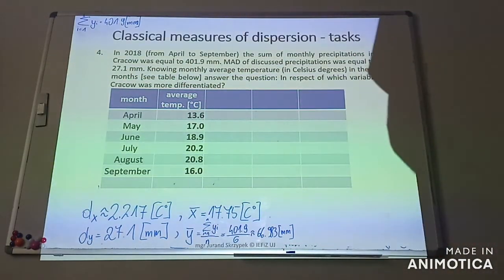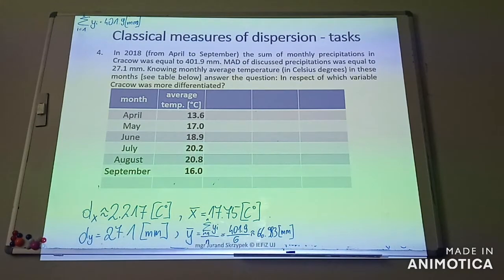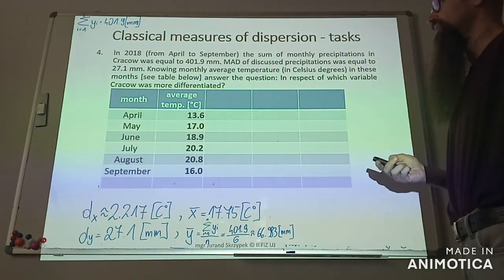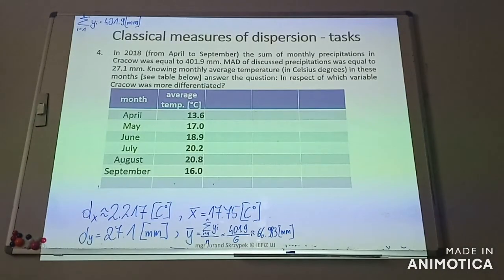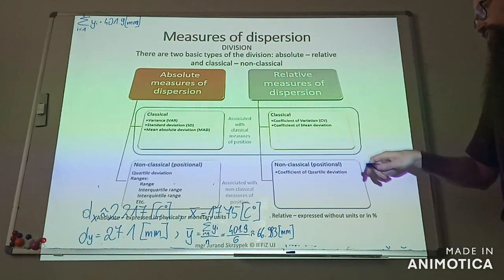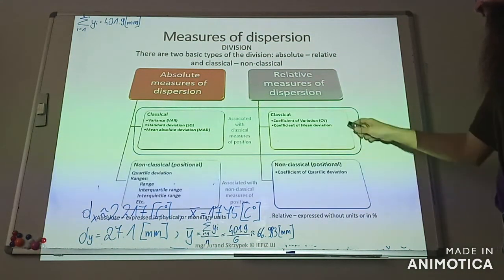So the next step is to introduce you to another relative measure of dispersion, which is called the coefficient of mean deviation, CMD.